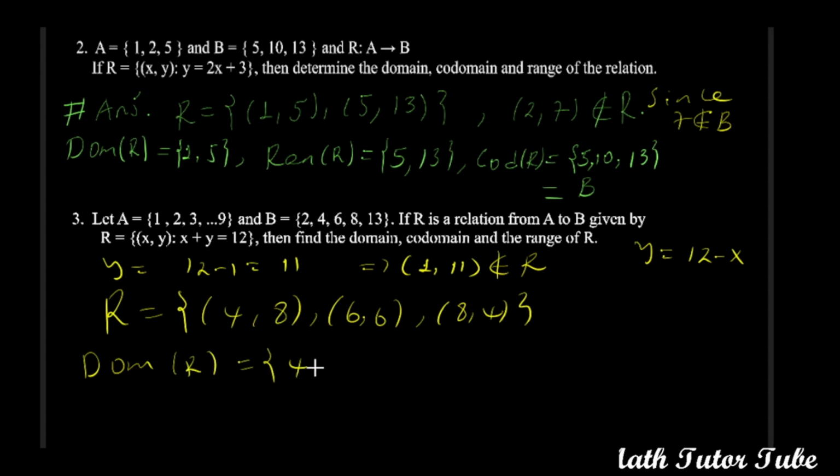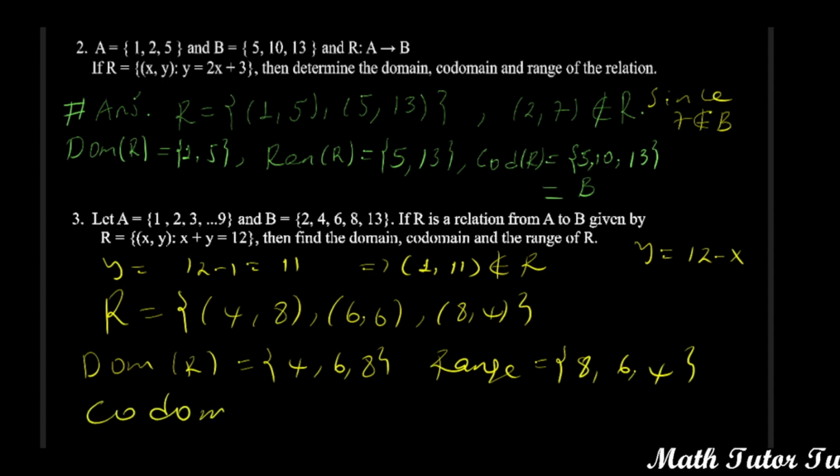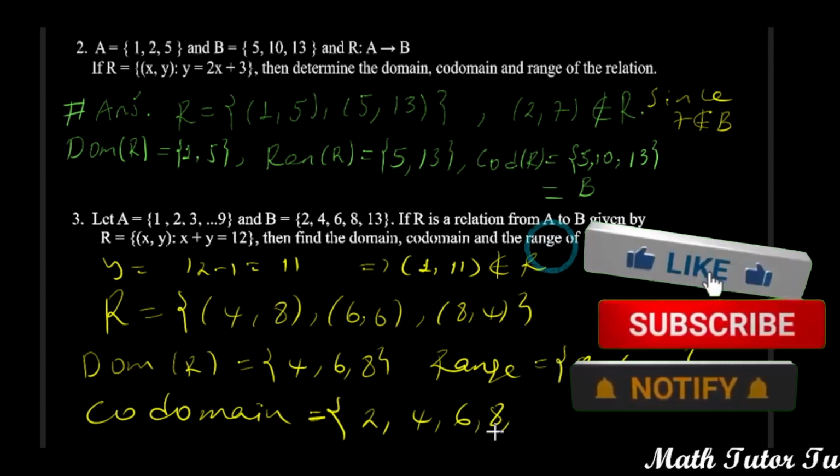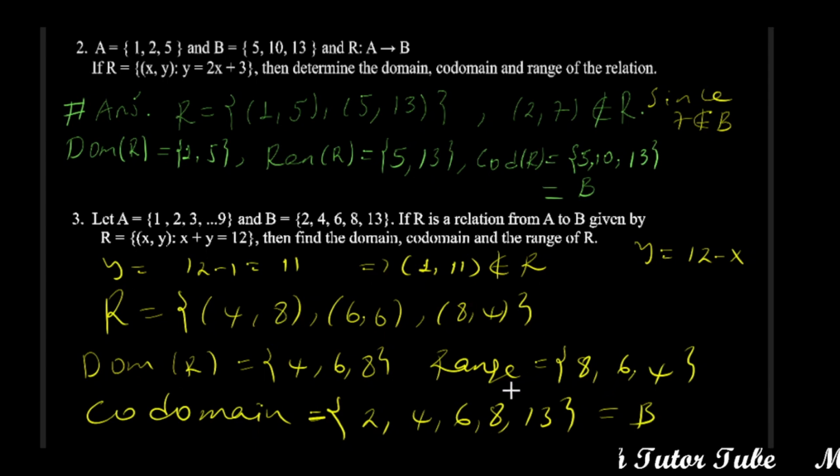The domain is 4, 6, 8, and the range is 8, 6, 4. The codomain is 2, 4, 6, 8, 13, the set of all possible outputs.